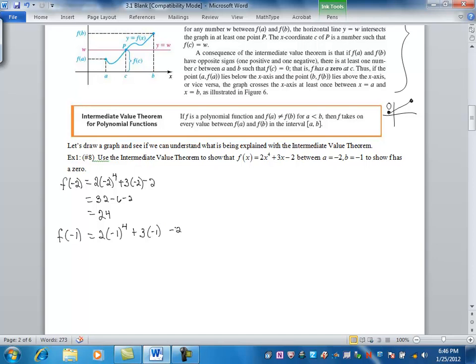So this is going to give me negative 1 to the 4th is 1, times 2 is 2, minus 3 minus 2. Negative 5 plus 2 is negative 3.